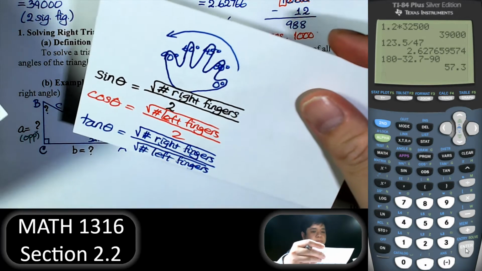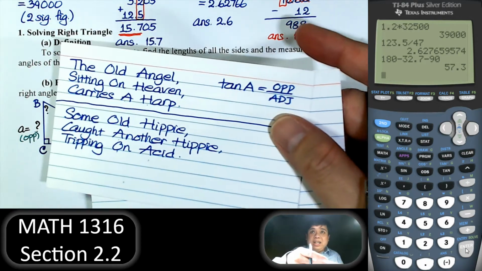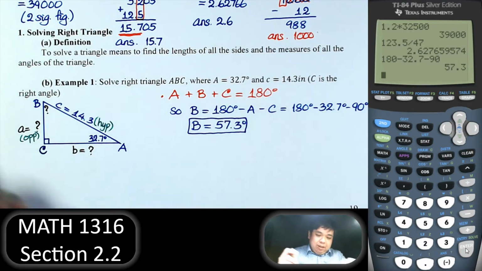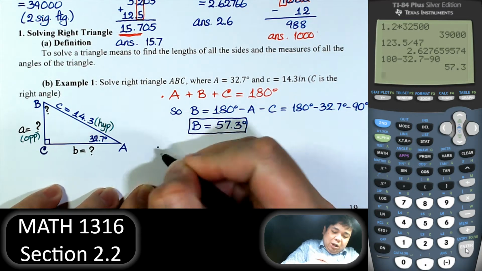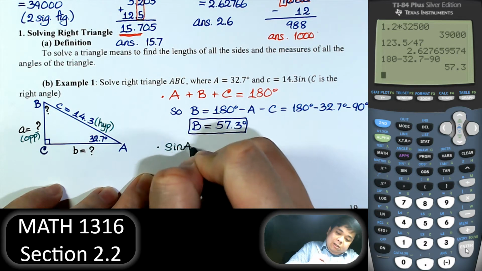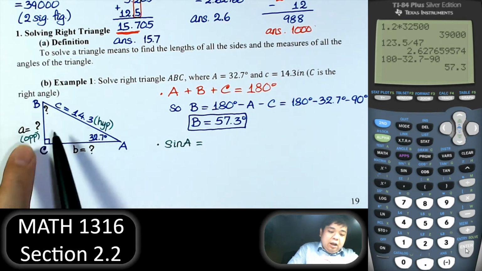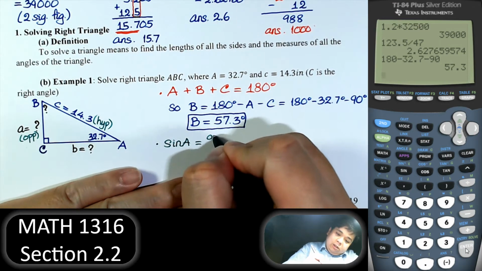Okay. I thought I'd write that on a piece of paper, but nope, I only write this. Okay. So, with respect to angle A, we have opposite over hypotenuse.